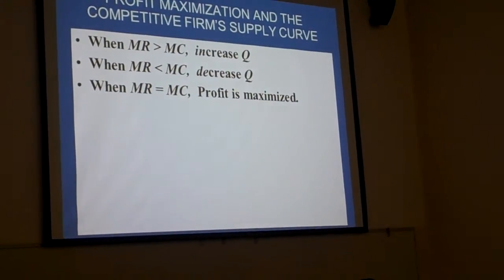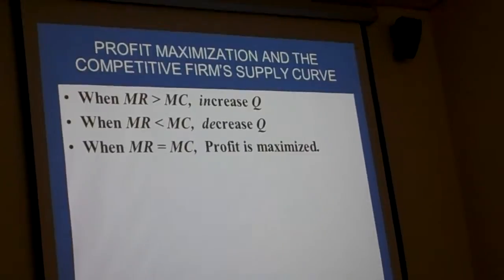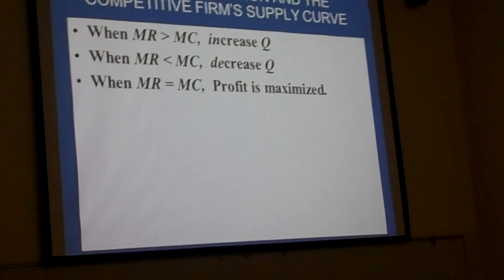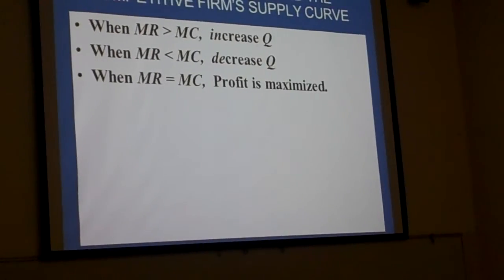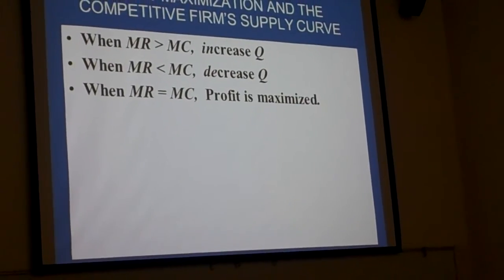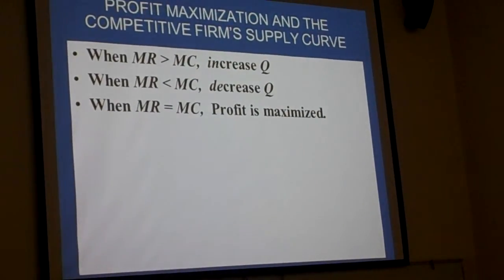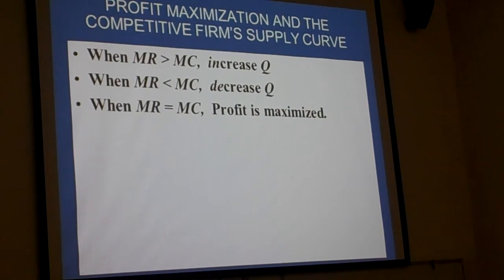Okay, so if marginal revenue is greater than marginal cost, so your marginal cost is 2, 3, somewhere in there, and your marginal revenue is $6, you're going to increase your output.